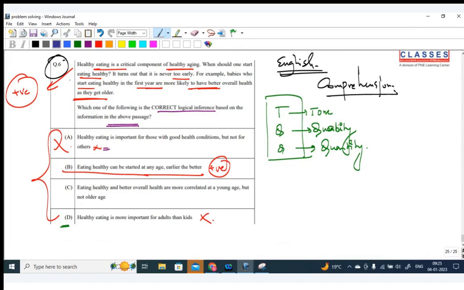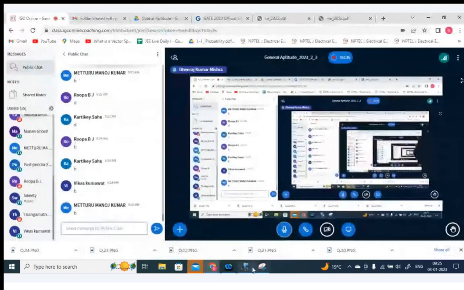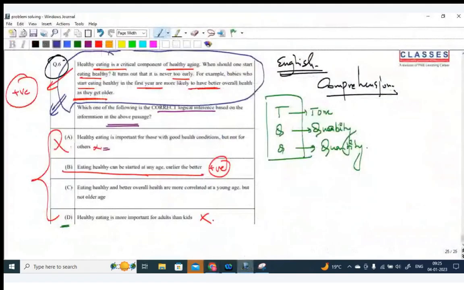So the tone of the passage is positive, and you understood that the idea of the passage is health, right? And the quality of the passage is also very good. You can mention some of the key points, like it is never too early. And this is also one of the very important points, right? So based on that, option B will be the only correct one, right?